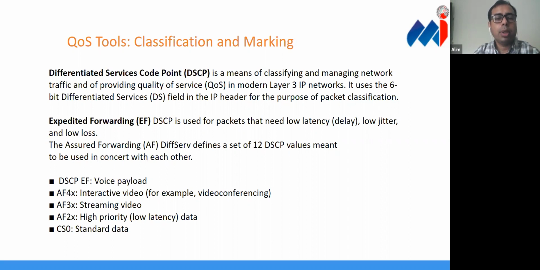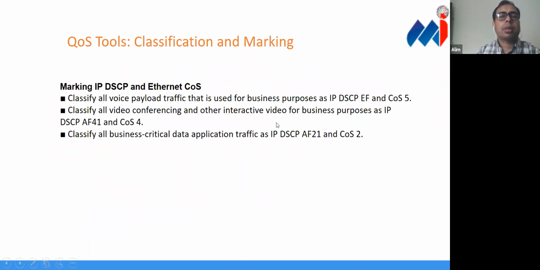For interactive video, we can use AF4x, where x means different values. There are different values. For streaming video, another. So in this way, we mark and classify different packets. So this is a summary. What should we assign at layer 3 and layer 2?